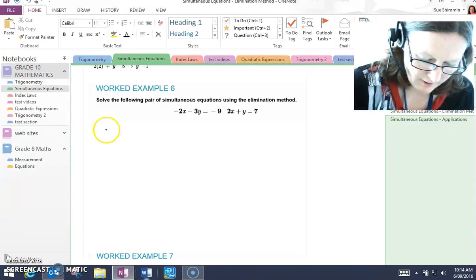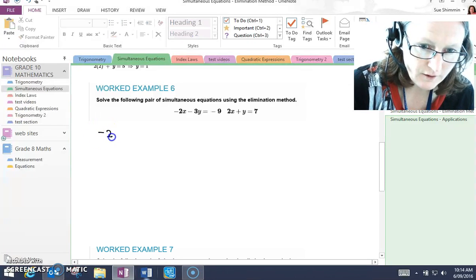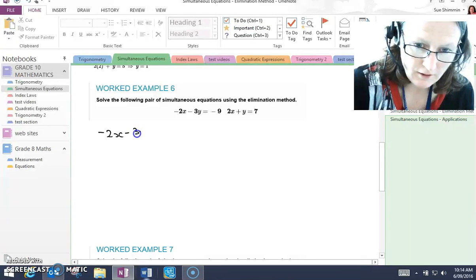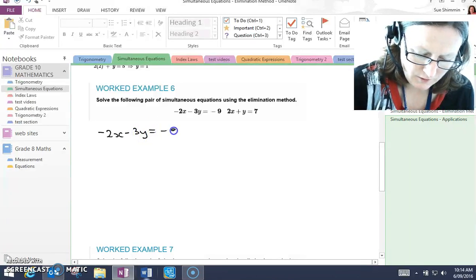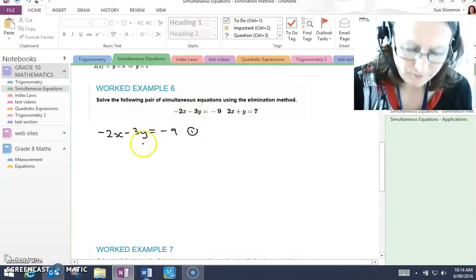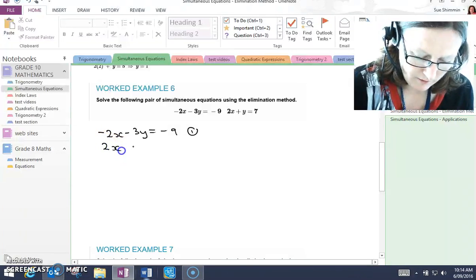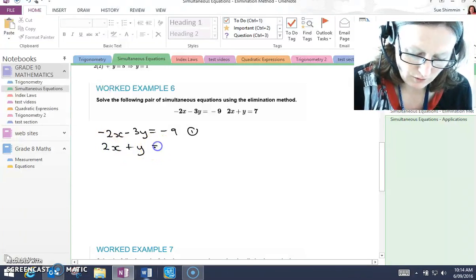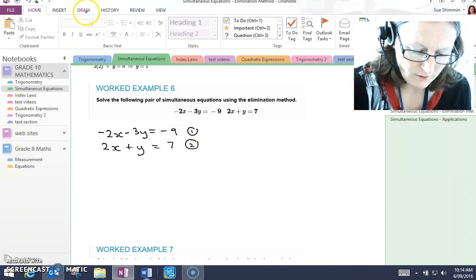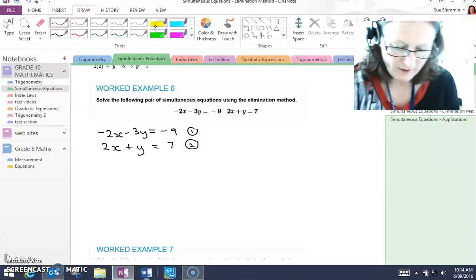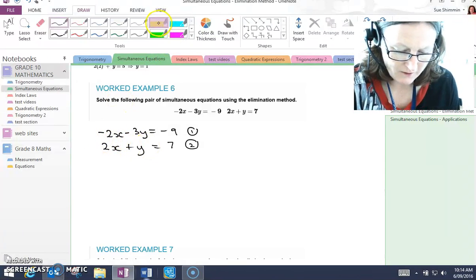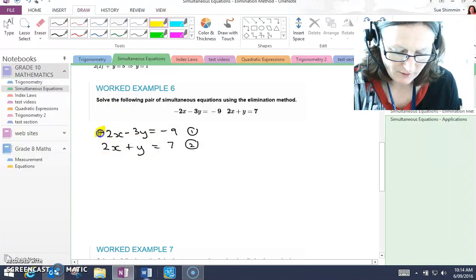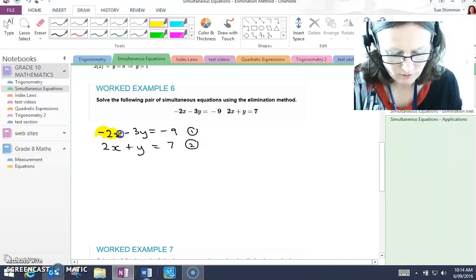So I'm going to rewrite these two equations. What I'm going to do is label one of them equation 1 and the other equation 2. Okay, what I then do is I can look, and both of these equations have either a 2 or a negative 2 with the x.